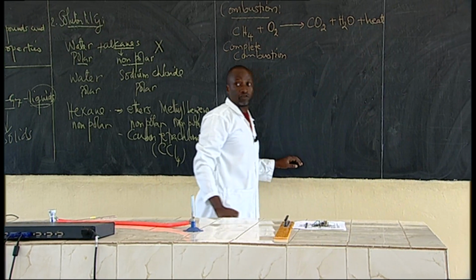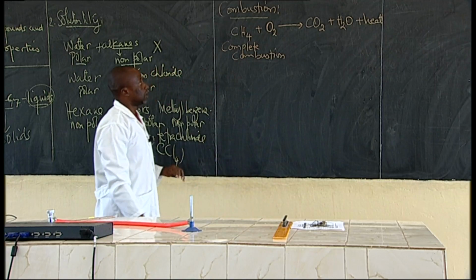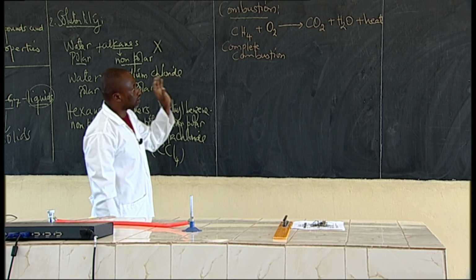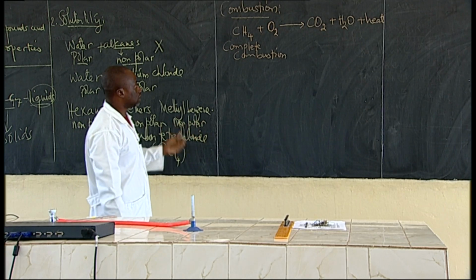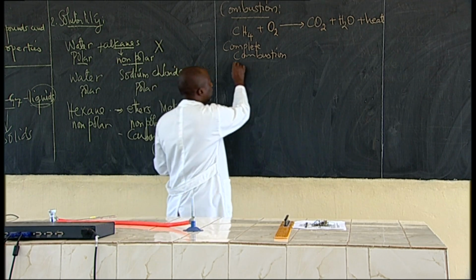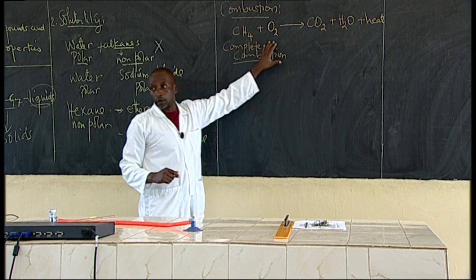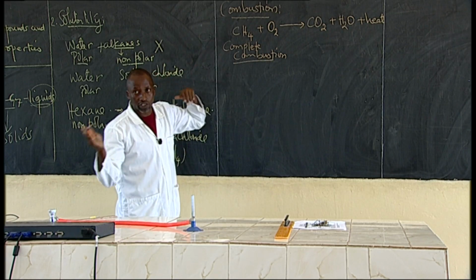This heat is given in the form of flame, and this is the reason why these substances are mostly used as a source of fuel. We will look at that in the uses that we'll cover later on.